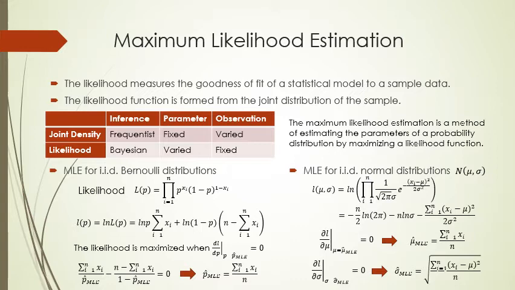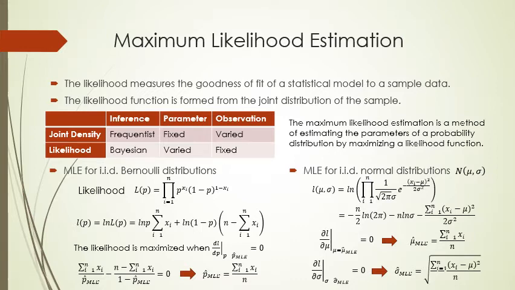The maximum likelihood estimation is a method of estimating the parameters of a probability distribution by maximizing the likelihood function. Let's check the maximum likelihood estimation for Bernoulli and the normal distributions.